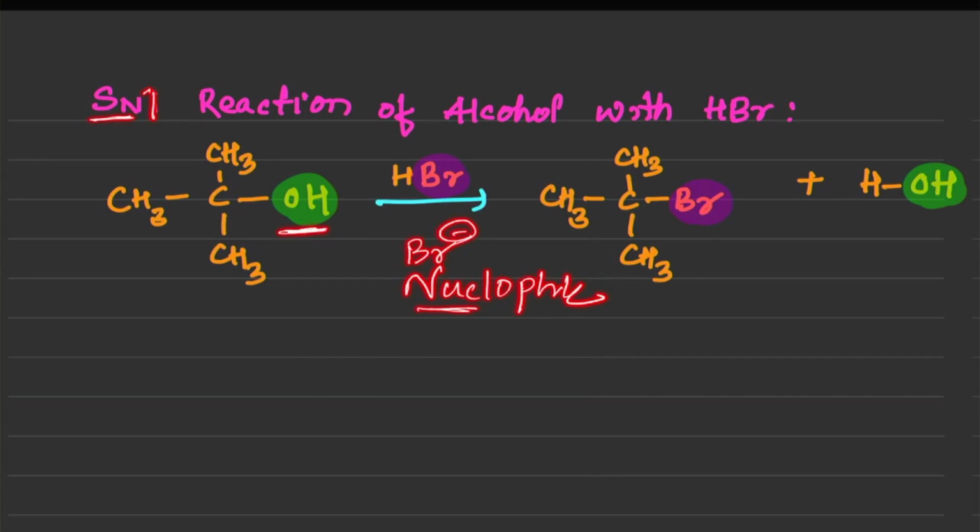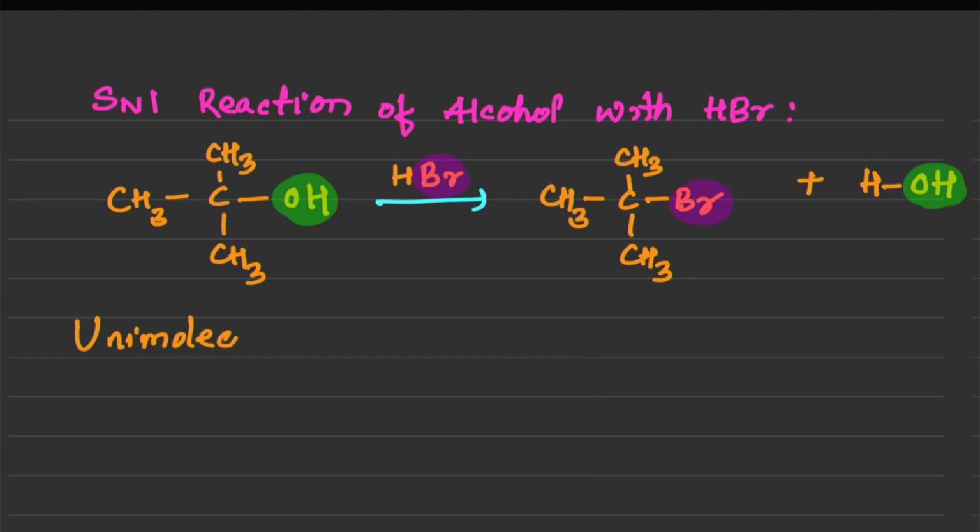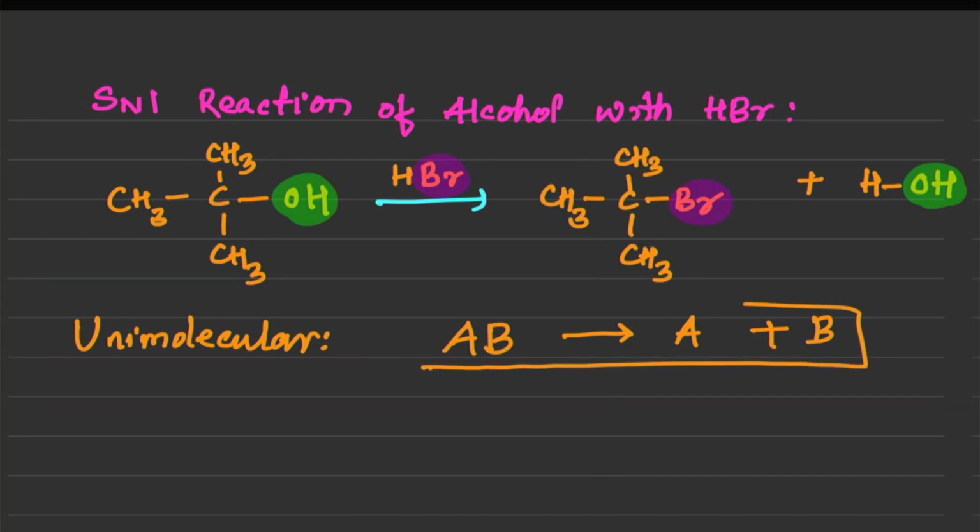And what does 1 represent? 1 represents unimolecular reactions. What is a unimolecular reaction? A unimolecular reaction is when one molecule is involved in the rate determining step. For example, say you have a molecule AB that splits into two, A plus B, and this is the rate determining step.